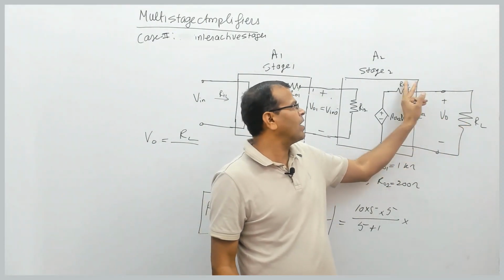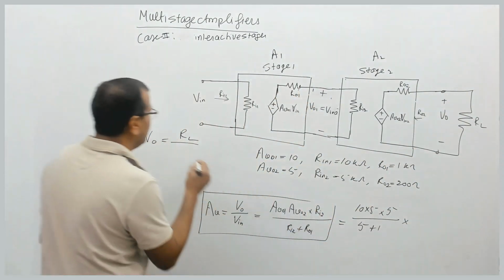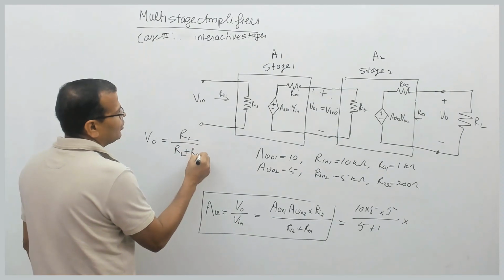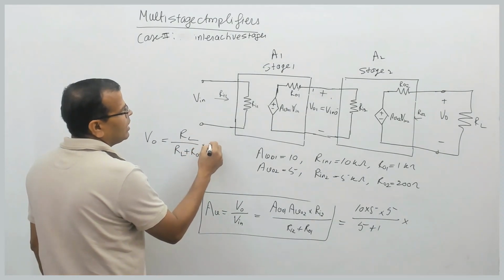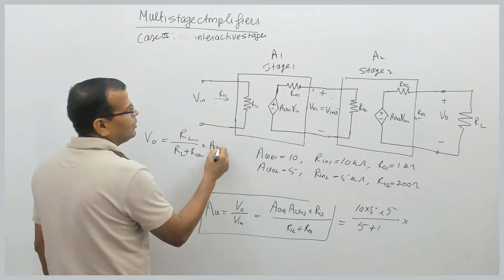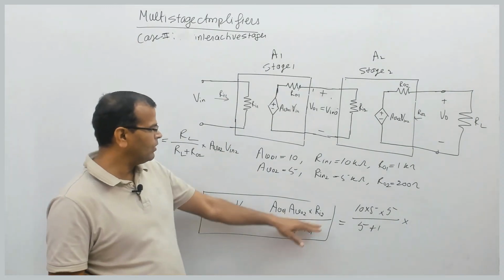That is the simple voltage divider rule, multiplied by AV02 multiplied by Vin2.